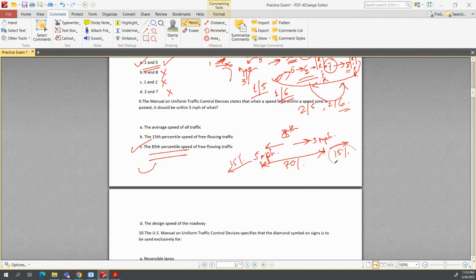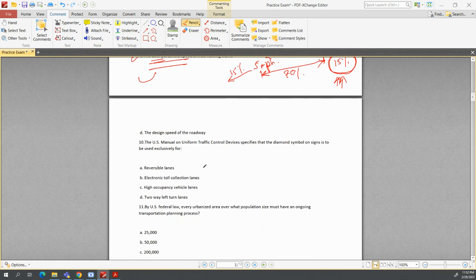So the police only want to focus on this 15%. That's why the speed limit has to be posted within 5 miles per hour of the 85th percentile. Okay.